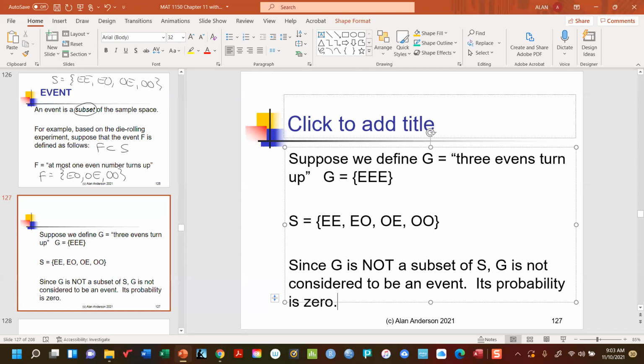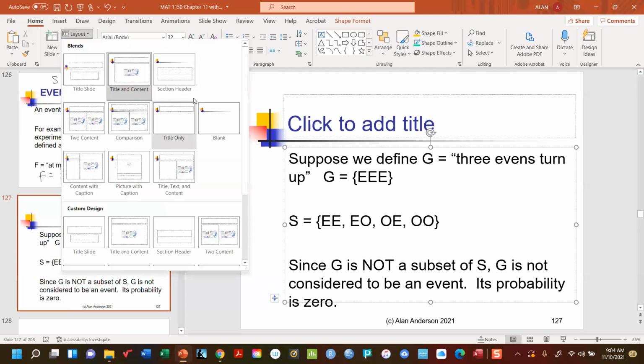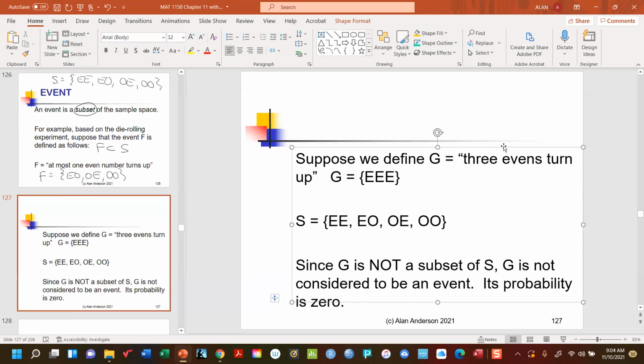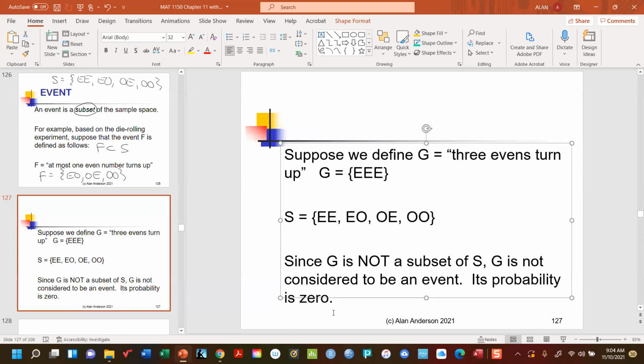But because we only roll it twice, it's not possible for G to happen. So therefore, it's not even an event, and we say that its probability is 0. Or we can think of that as impossible. So when you say that something's probability is 0, that means it is impossible.